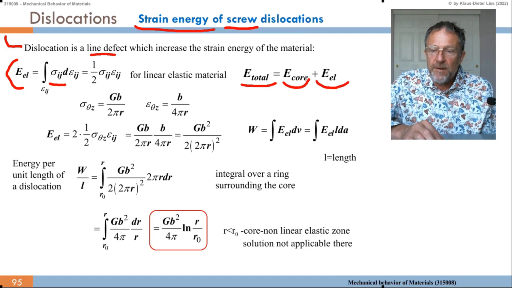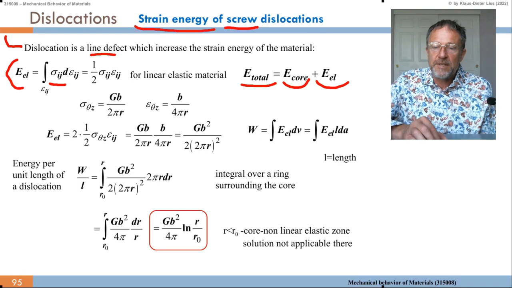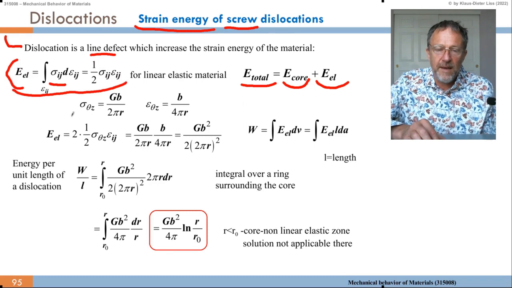So if we have the body here, we have the dislocation, and there's a little core in which our formula fails because it becomes too optimistic. So we say this is a core energy, and we only start this 1/r behavior outside the core, for which we calculate the elastic energy, EL.